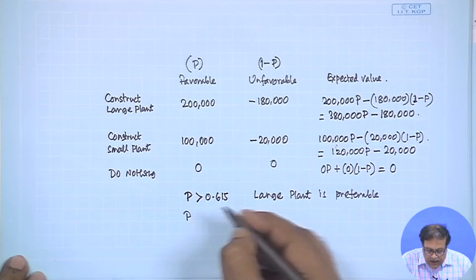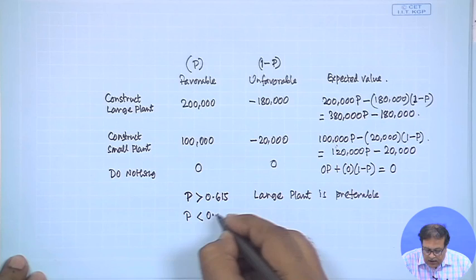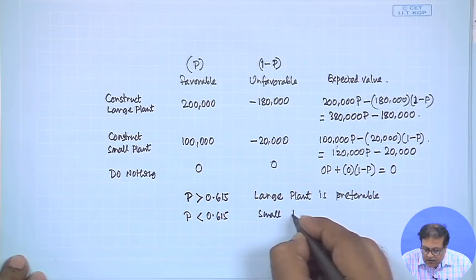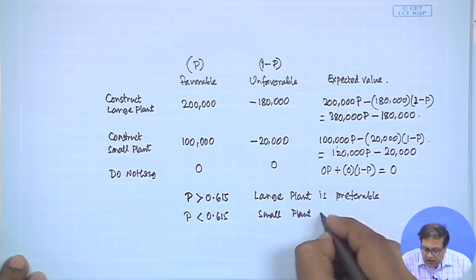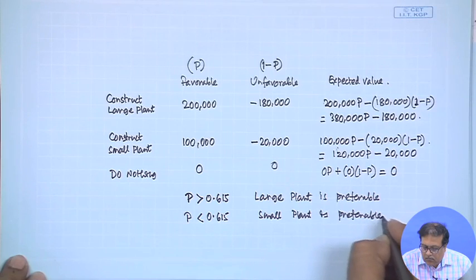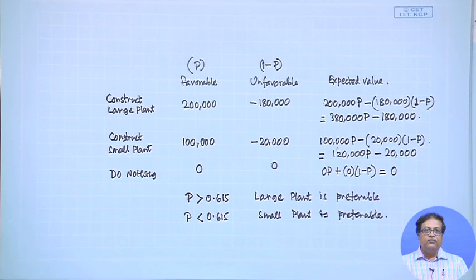If the probability is less than 0.615, then the small plant is preferable.